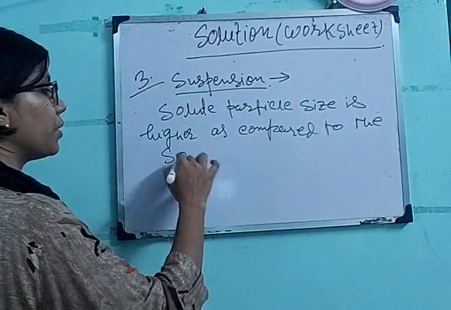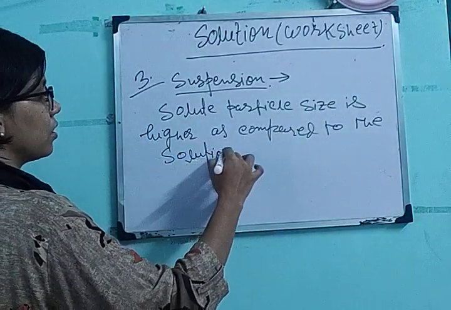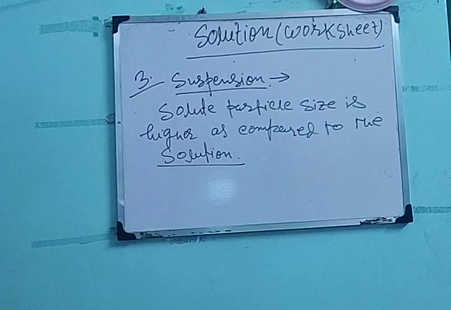If you compare the particle size of solution and suspension, the particle size in suspension is higher, and it is obviously a heterogeneous mixture. Solute particles are visible and not stable actually.